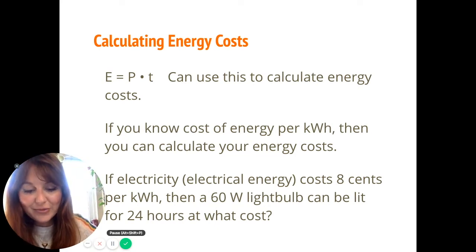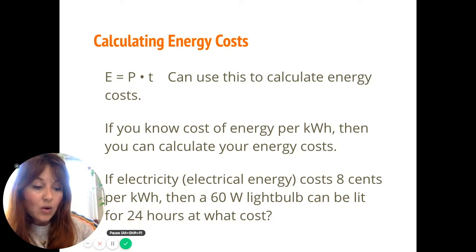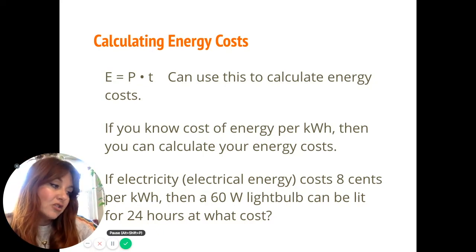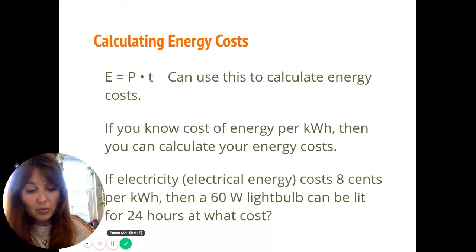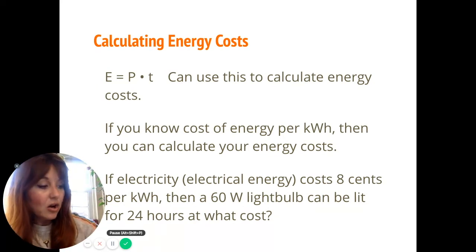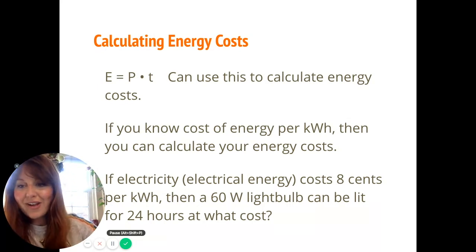And then you multiply it by 24. So 0.06 times 24 is 1.44 kilowatt hours. And then I get charged 8 cents, so times 0.08, and it costs me 11 cents to run that light bulb for 24 hours.